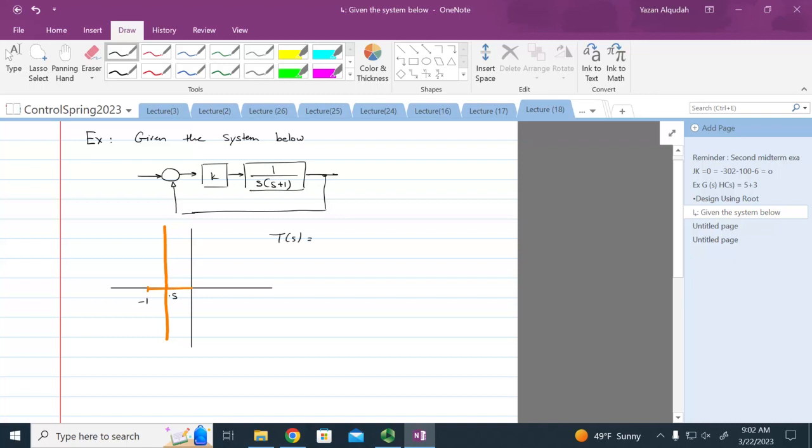And T of S is going to equal K divided by S squared plus S plus K. So if I look at this system, if I'm operating along this branch here, what is the settling time for this branch? If I'm operating here, what is the response going to be?